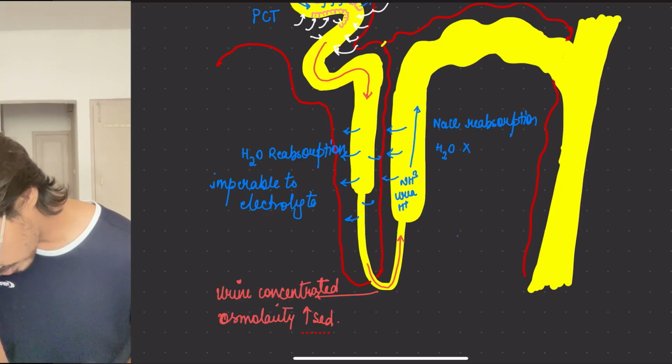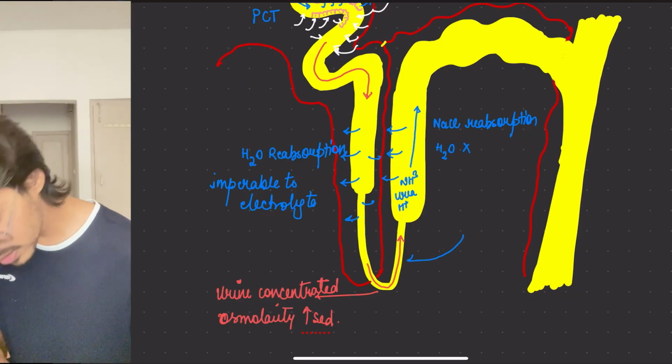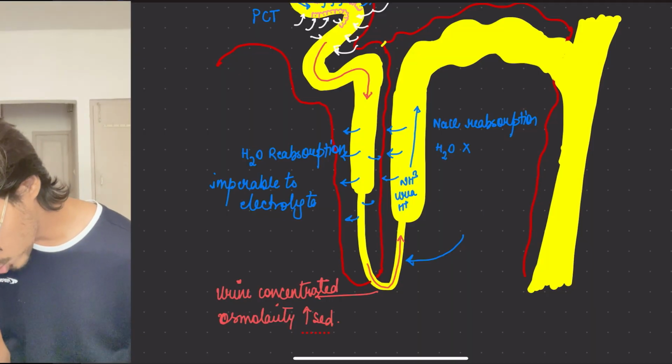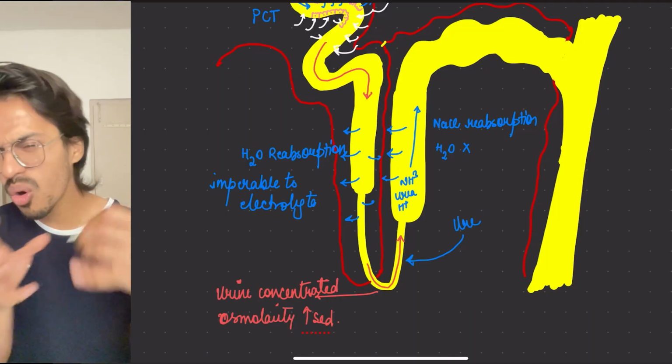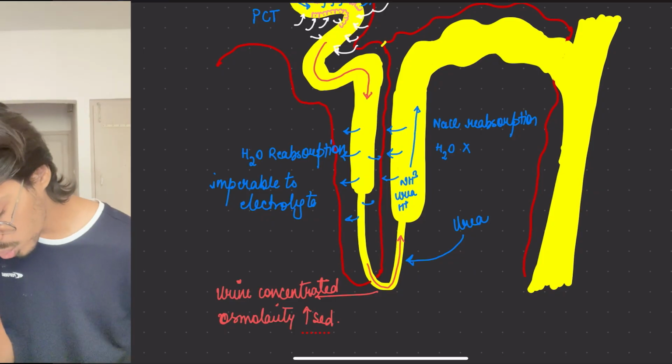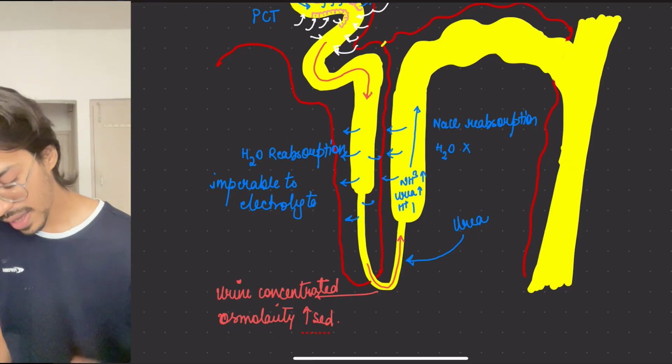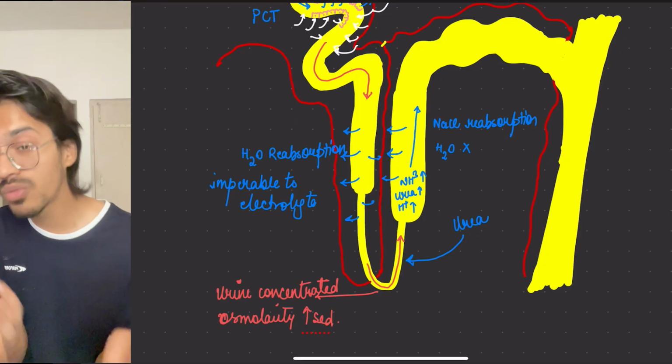So in the thin segment, from this outer area, this dotted area which you are seeing, that is the interstitium, urea is present for maintaining the osmolarity. So the urea will go inside, and as it goes inside, its level will keep on increasing. And urea concentration we want to increase.